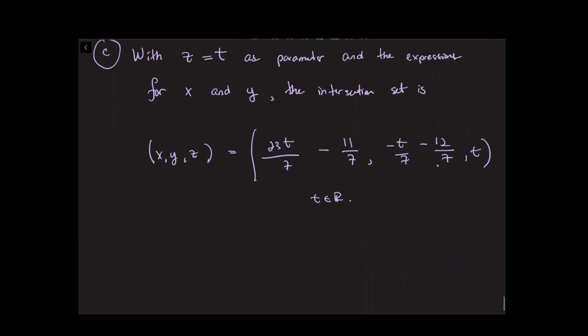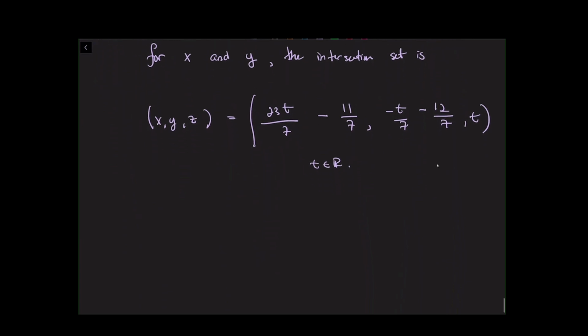We could take this and write it in vector form to make it look a little better. So r is equal to (x, y, z), so negative 11 upon 7, negative 12 upon 7, 0, plus t times 23 upon 7, negative 1 upon 7, and 1.